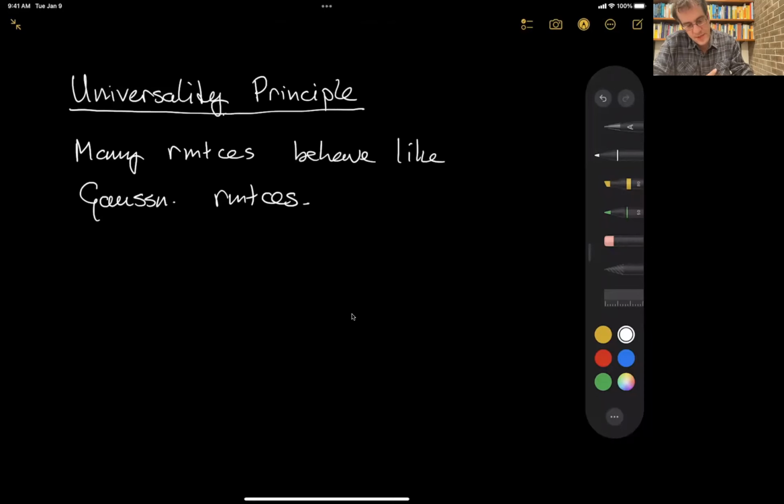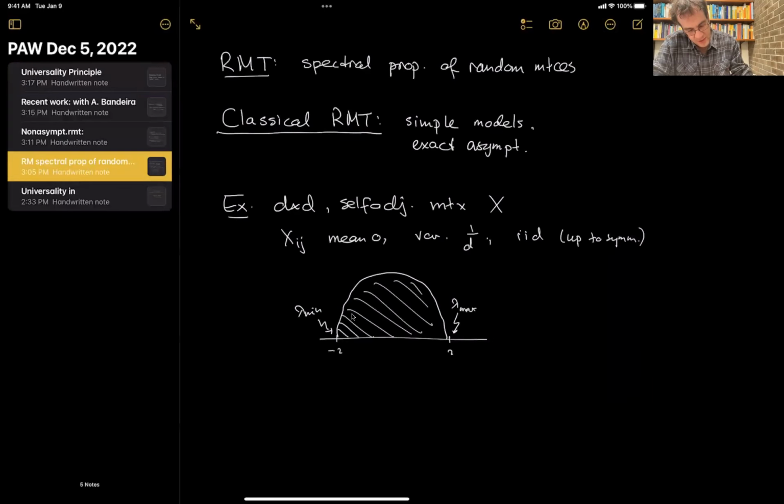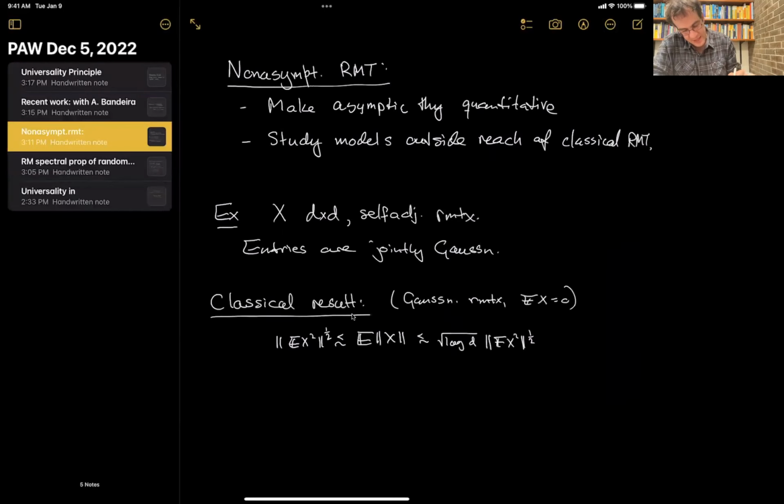And the natural model that we will work with is one that we most certainly did not invent. We will simply go back to this classical non-commutative Khintchine inequality at the bottom of this slide. This Gaussian result, which dates back in some form or other to the 1980s, holds for Gaussian random matrices or matrices close to Gaussian in a certain sense. But in recent years, this result has been generalized to a very large class of non-Gaussian matrices.